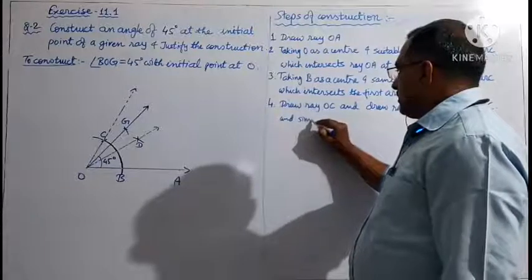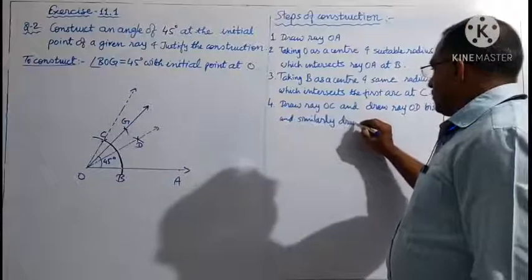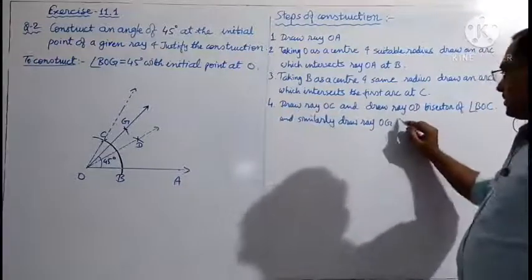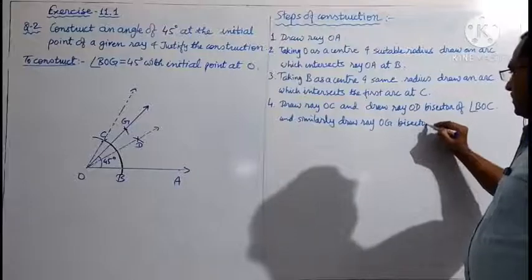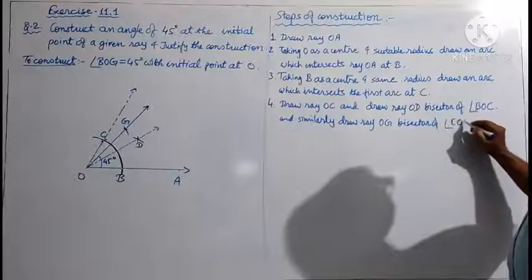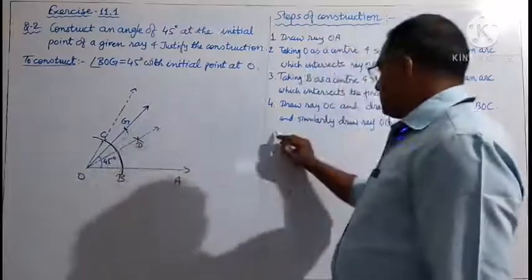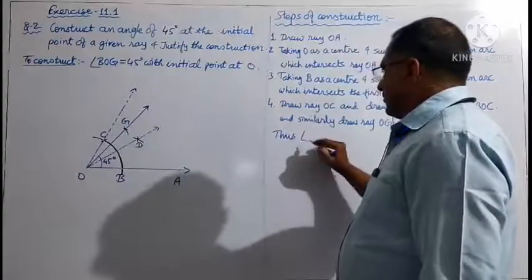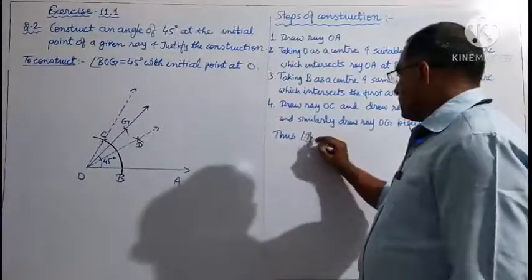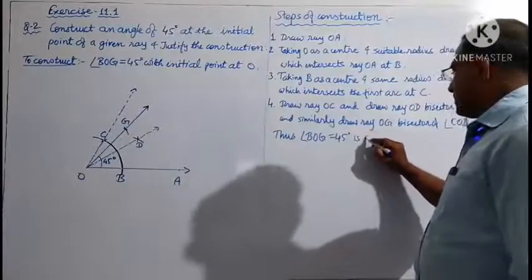And similarly draw ray OG, bisector of angle COD. Thus angle BOG equal to 45 degree is constructed.